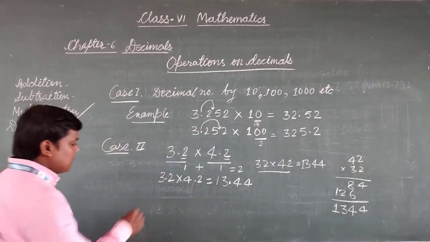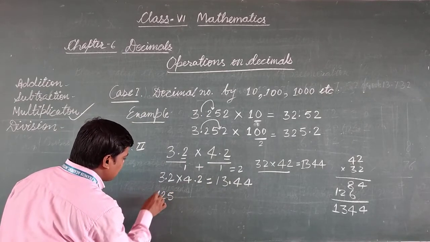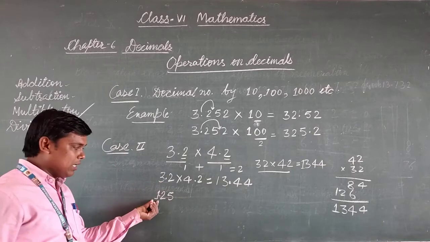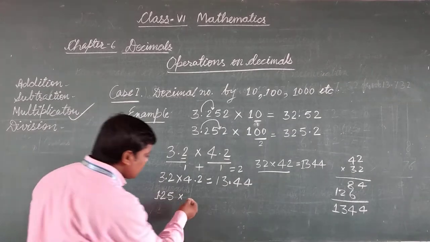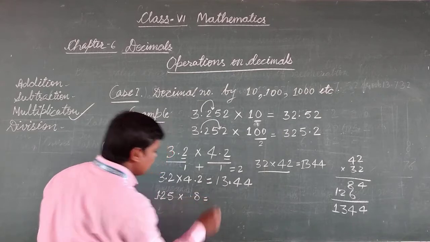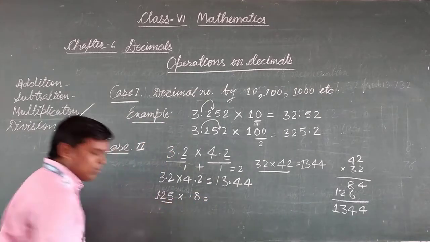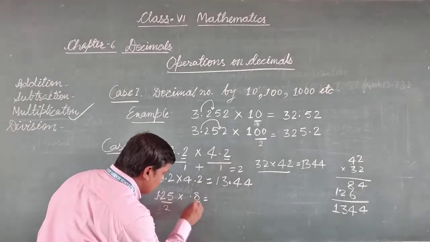See one more example. If we have 125, putting the decimal, means 1.25, no, 0.125, and we have to multiply it by 0.8. In this case, you are seeing after decimal we have 3 places, and here after decimal we have 1 place.